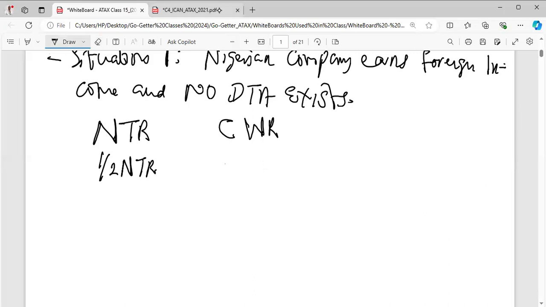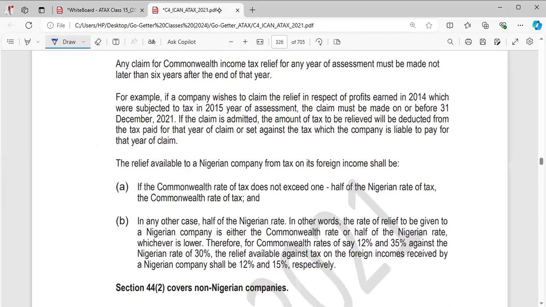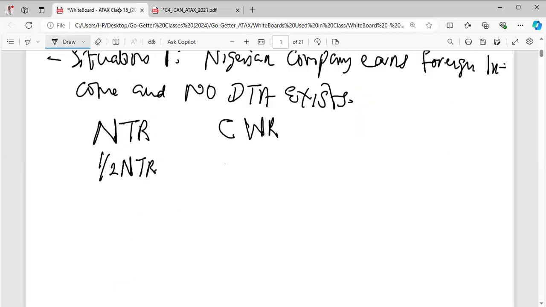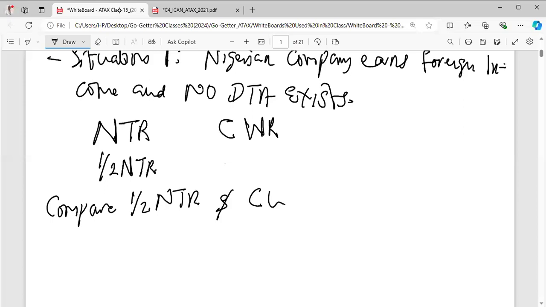Then they said if the Commonwealth rate of tax does not exceed one half of Nigerian tax rates, then the Commonwealth rate of tax should be used. So what you are going to do now, you compare this Nigerian half rate of tax and the Commonwealth rate of tax. These are the two things you will compare.